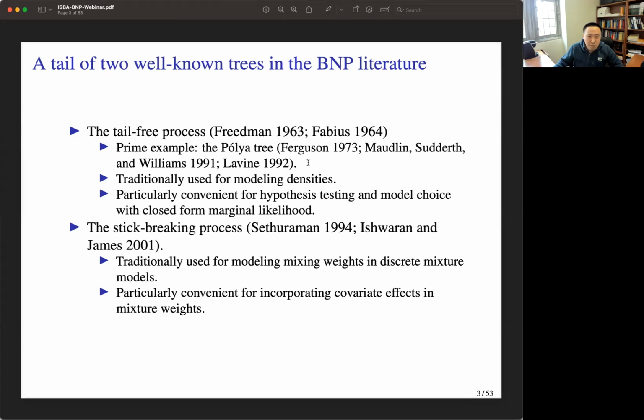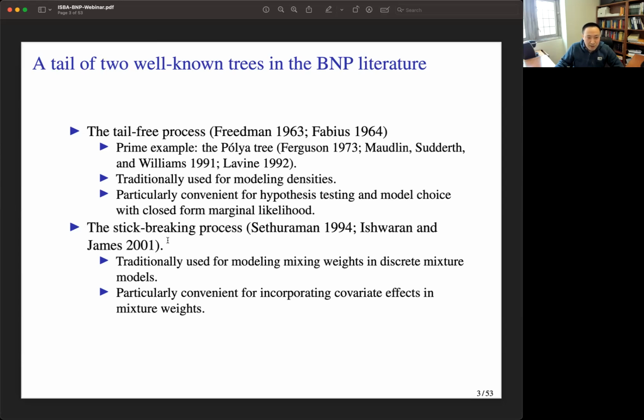These models are generally used as an alternative for modeling random measures where a density is needed. And in the last 10 or 15 years, a lot of the BNP literature utilizing these processes is for hypothesis testing and model choice problems, because under common specifications of these models, the marginal likelihood is available analytically, which makes applying these models very easy.